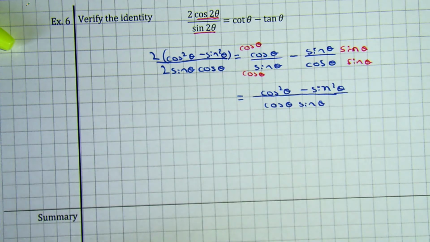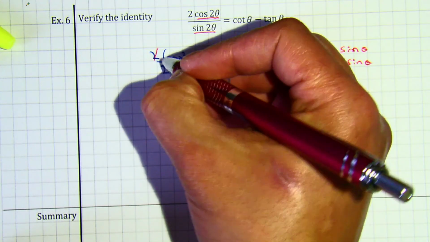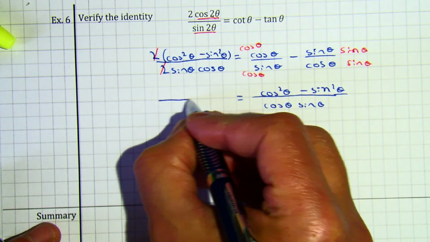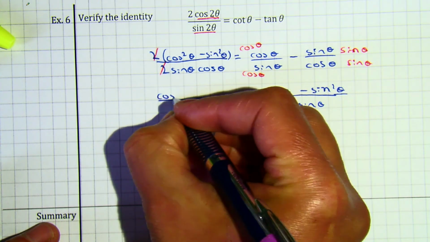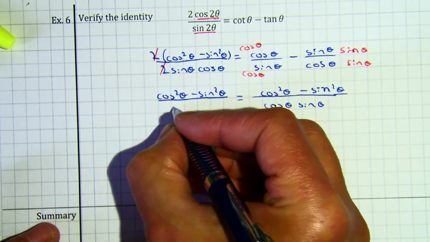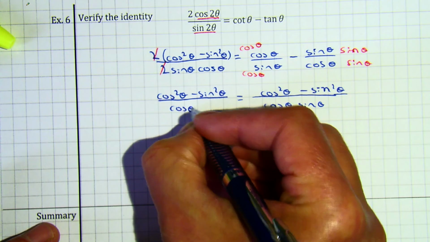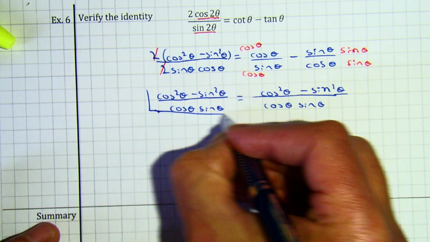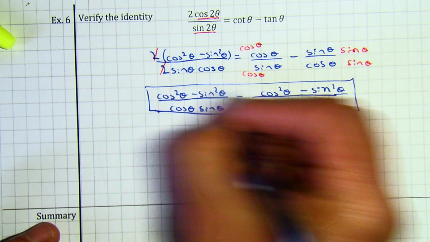And now we can see that the 2 cancels out. And I'm just going to rewrite my denominators to be cosine square of theta minus sine square of theta over cosine of theta sine of theta. So we match them and we prove that the identity was true.